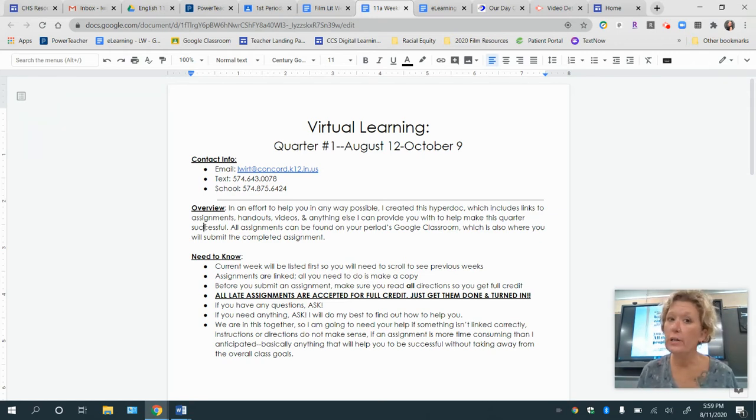Okay, that's very important. You cannot just always use directions that are on this page, because if I put everything on this page, some of the weeks would be forever long, multiple pages, and I don't want you to have to weed through all of that.